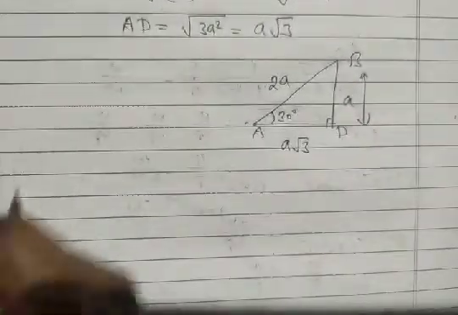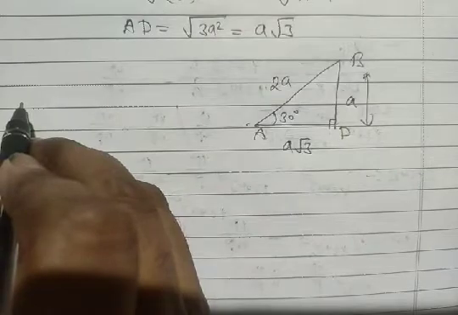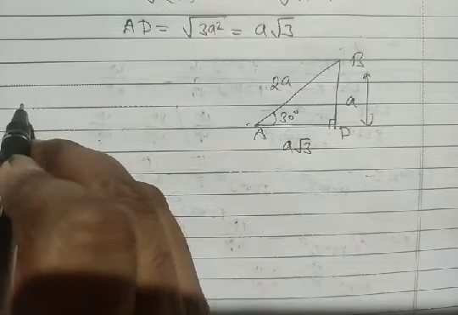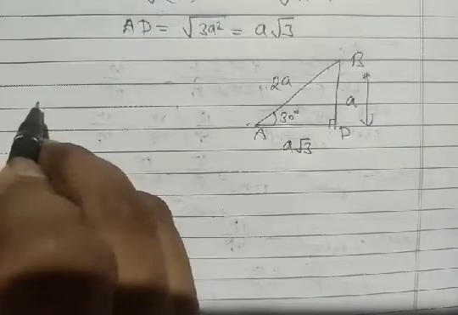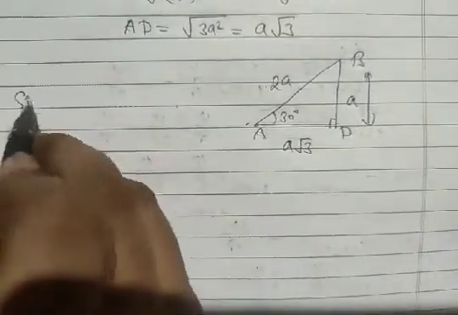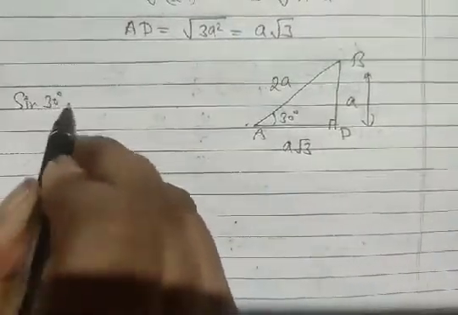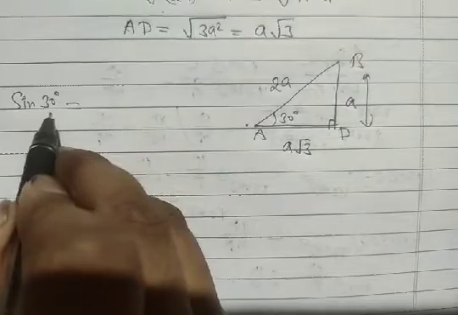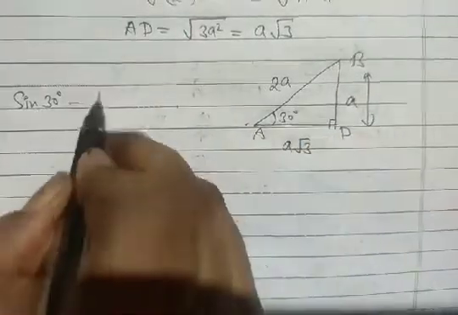Now we are able to find the T ratios of 30 degree. I have already discussed the 6 T ratios: sine, cosine, tangent, cotangent, secant and cosecant. We are going to start with sine A, where A is 30 degree. By definition, sine A is BD upon AB.